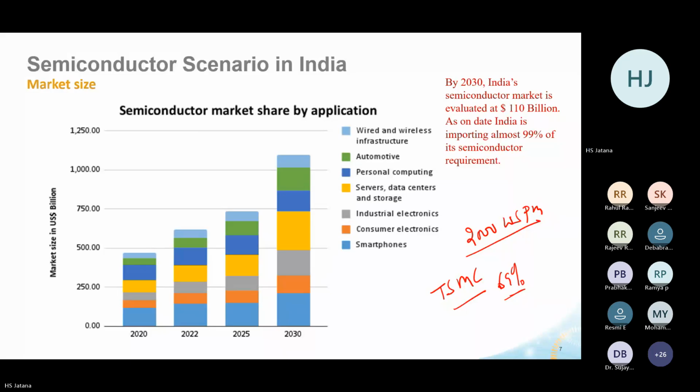They have a 69% share, and their wafer starts per month are 14.5 lakhs. That was in the year 2024, for which the data is available. So you can compare 14 lakh and 2,000, and even this 1,000 wafer starts per month, we are doing quite less than this.